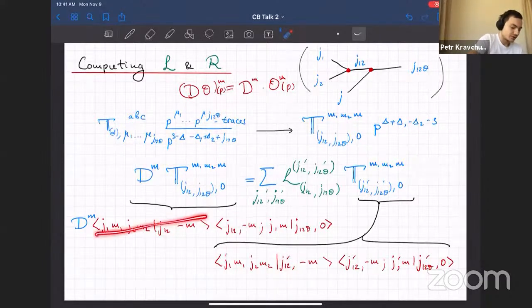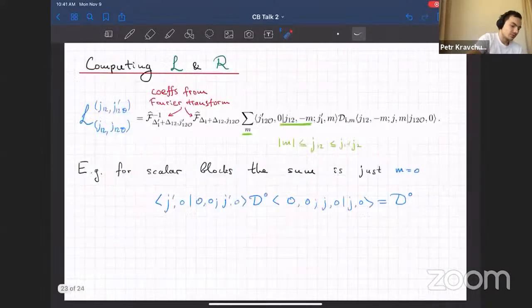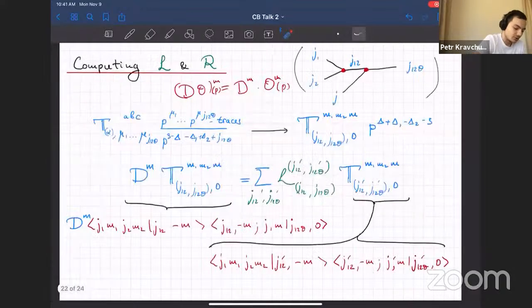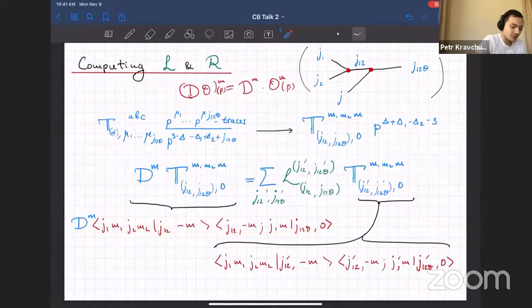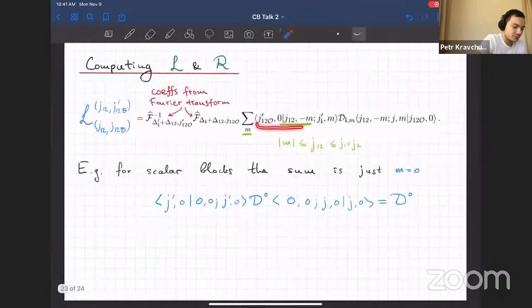And then you can cancel these two things, and then you just need to use another orthogonality relation to compute this L. So in the end, you get a formula of this form, where these coefficients L are given by just these coefficients dm, which we computed, multiplied by 2 Kravchuk coefficients. So this part is just coming from this left-hand side, and this thing just projects it into the particular structure, so it extracts just one coefficient.